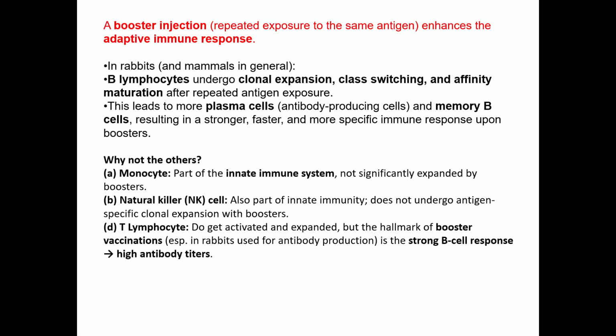Then we have something called a booster dose and how it enhances the adaptive immune response. So booster dose injection repeat is nothing but repeated exposure to the same antigen. This helps enhance the adaptive immune response.